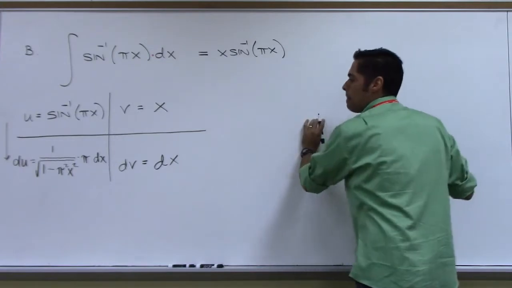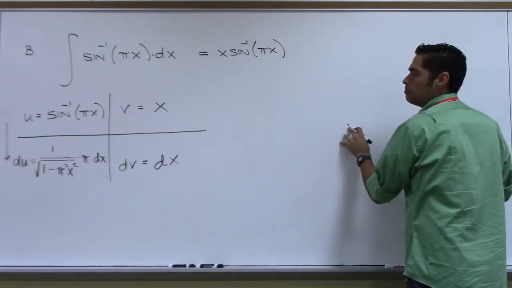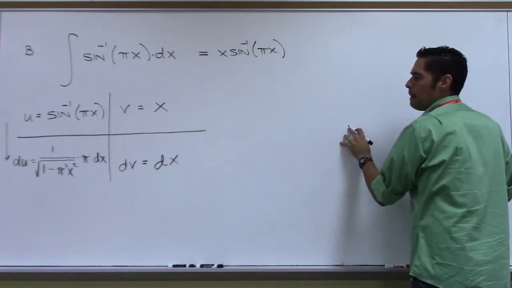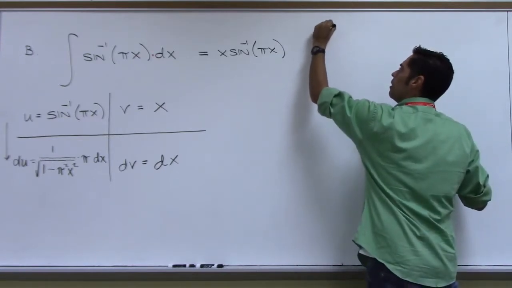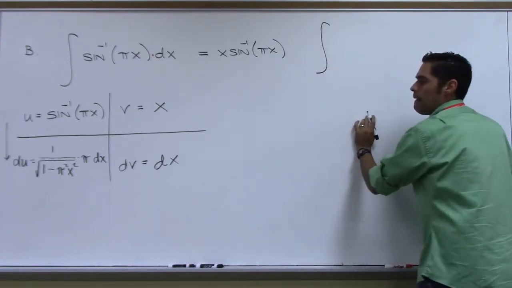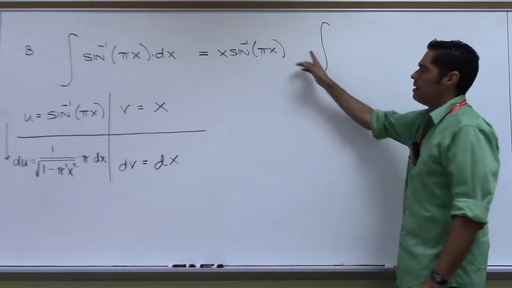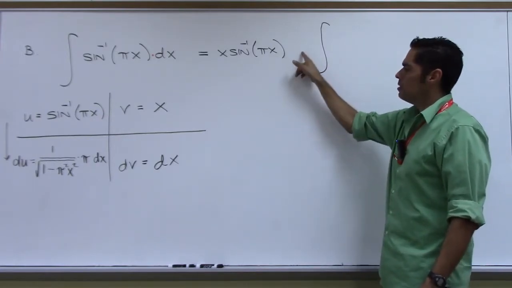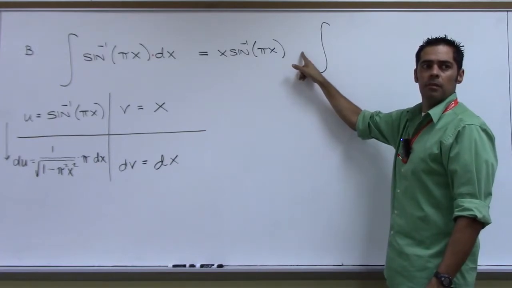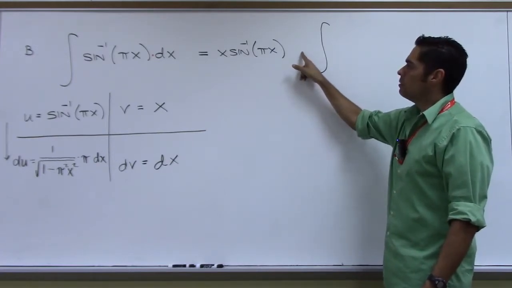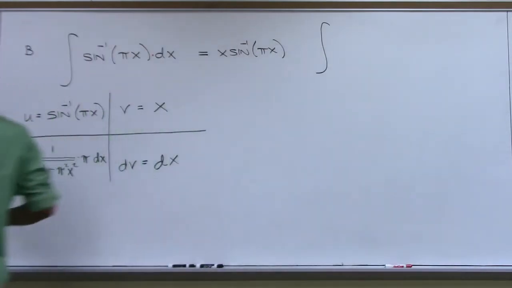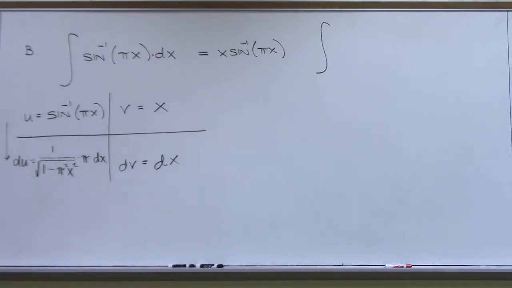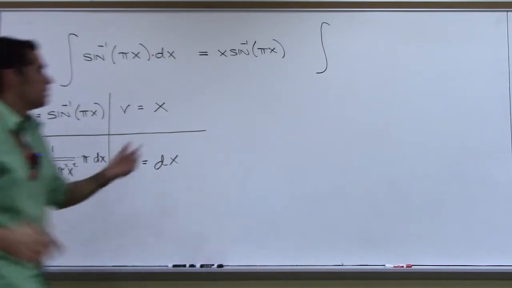And then what about the sign here after this? After your sine inverse of pi x, what do you want me to put here? Oh, dx? No, you have uv, right? And then minus, right? Minus. Oh, yeah, minus. Okay, minus the integral, that's all.